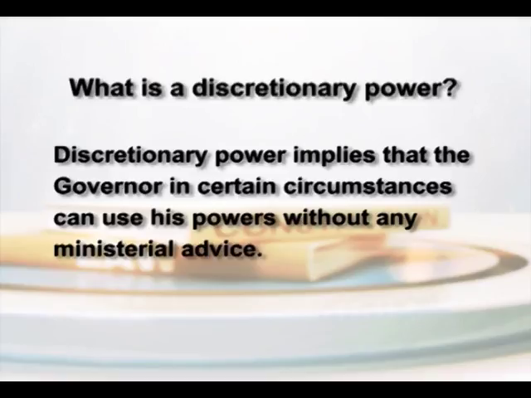In other words, the governor is empowered to exercise some of his functions in his discretion. That is, he will not be required to act on the aid and advice of his council of ministers headed by the chief minister. However, today we will be taking up the normal powers and functions of the governor in this lecture, while leaving out the discretionary powers as a topic for discussion in our next lecture.